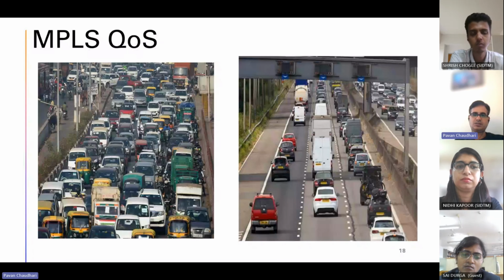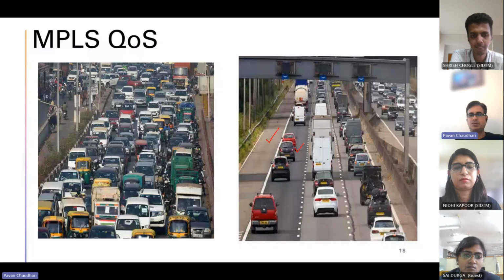But if you see this particular scenario, the slower moving vehicles can go on this path, the second slower moving vehicles can go on this path, and the overtaking vehicles can go on this path.